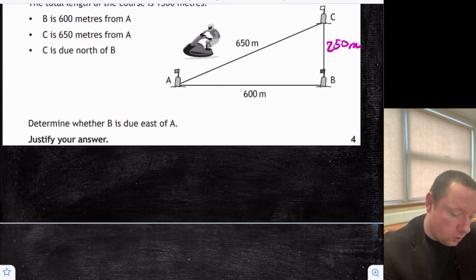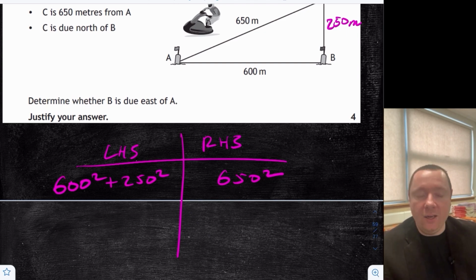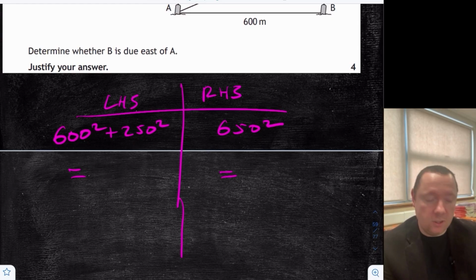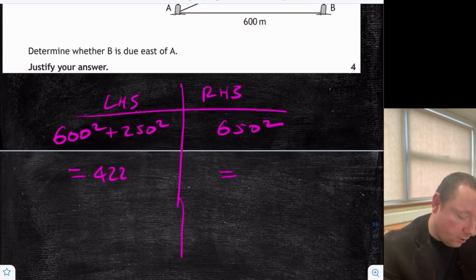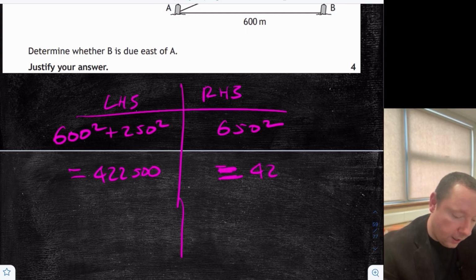Keeping it all separate, we've got a left-hand side and a right-hand side. Our left-hand side is 600 squared plus 250 squared, and our right-hand side is 650 squared. Do not write they're equal, that's why I draw a little table and keep them separate. We then work out both sides separately. So the first sum gives us 422,500, and 650 squared, if you work that out in a calculator, also gives you 422,500.